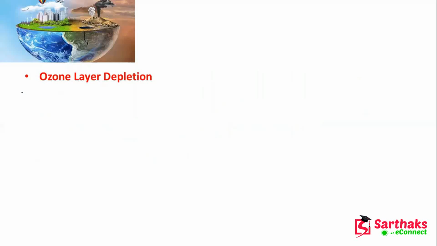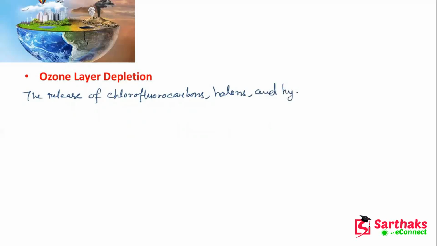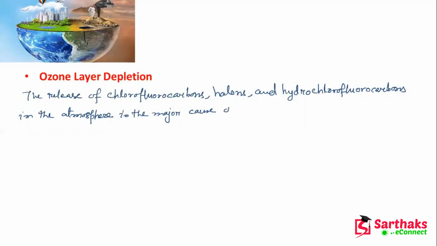Now, ozone layer depletion. If they ask to write a short note on ozone layer depletion: the release of chlorofluorocarbons, halogens, and hydrochlorofluorocarbons in the atmosphere is the major cause of depletion of the ozone layer.